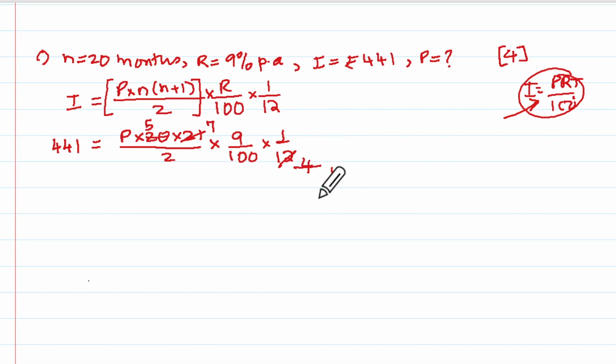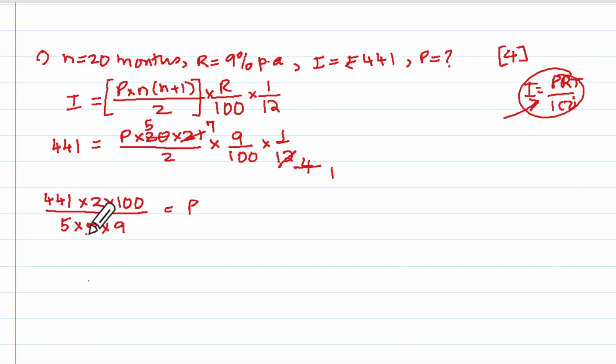Get rid of that 12 first. Okay, now leave this alone, 100, don't do anything, and P will be equal to take all the numbers this side. So 441 into 2 into 100. Don't sit and multiply, just write these numbers as it is. Okay, as they are, just write them like that.